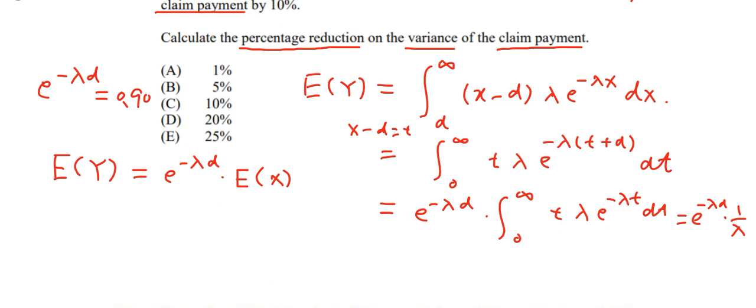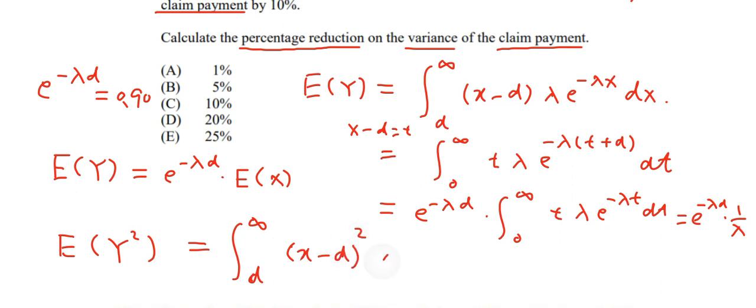Now we will check the variance for payment Y. So what is E[Y squared]? Same thing: it equals the integral from d to infinity, where the payment Y is x minus d, squared, times lambda e^(-lambda x) dx.